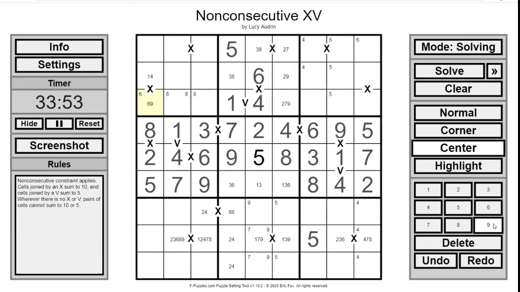Can't be 2, 8. Could be 3, 7. In any order as well. I gotta say, X and V sums is probably maybe the hardest puzzle.